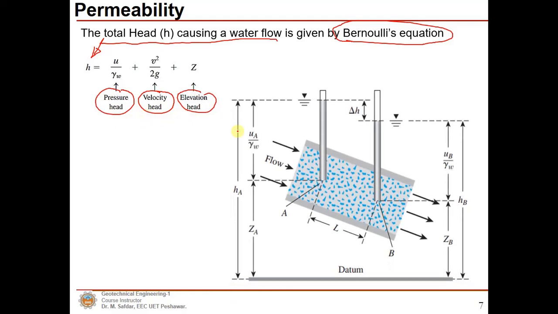Let us take an example that we are having an element of a soil and we dig a hole in it and we place a standpipe at point A. We dig another hole and we place another standpipe at point B. Now the water is flowing from left side and the water will rise till this point. Let's call that as H1.